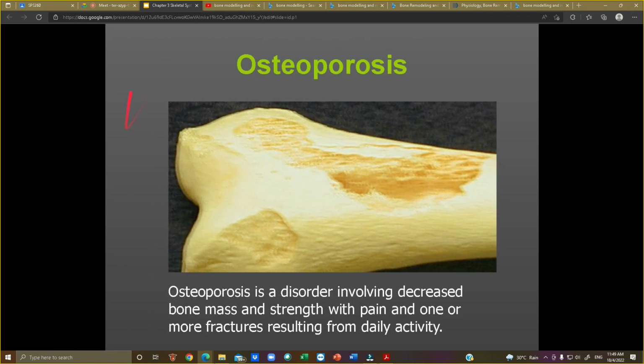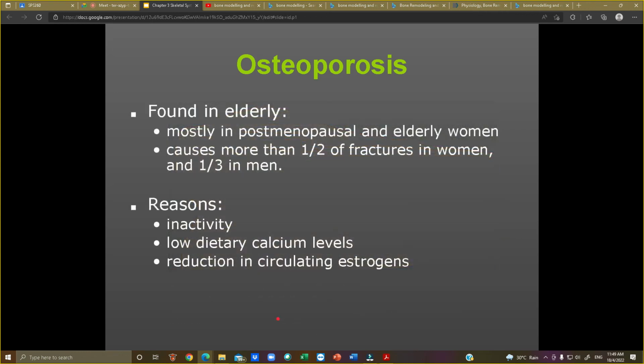Alright, and then we have osteoporosis, disorder involving decrease of bone mass and strength with pain and one or more fracture. Okay, jadi osteoporosis ni due to hormonal changes. Most of probably will be post-menopause. Bila post-menopause, kita punya hormone secretion will be out of order. So osteoclast function kaput.